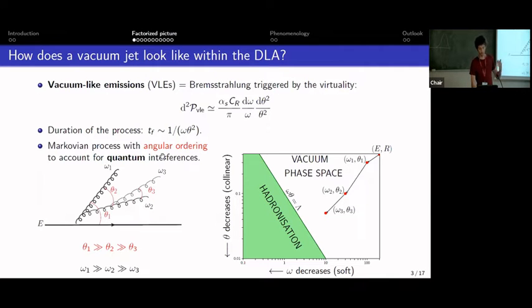So in this soft and collinear limit, you can see a jet as a Markovian process, an iteration of emissions softer and softer, more collinear along the tree. You can also represent such a Markovian process on a Lund plane, here represented as a function of angle and energy, and there is a one-to-one mapping between this tree and this phase space in which each emission is recorded.